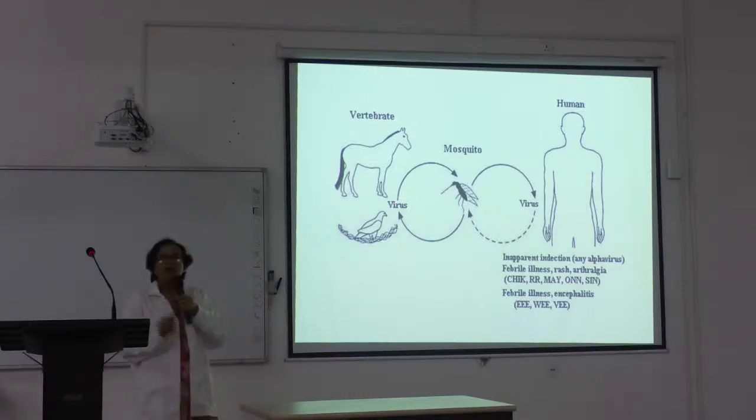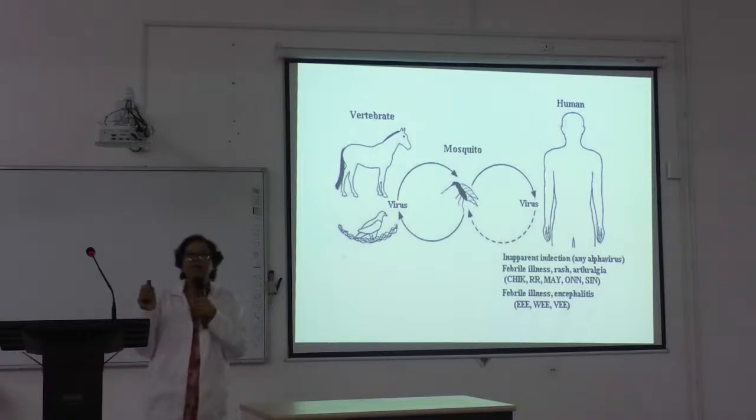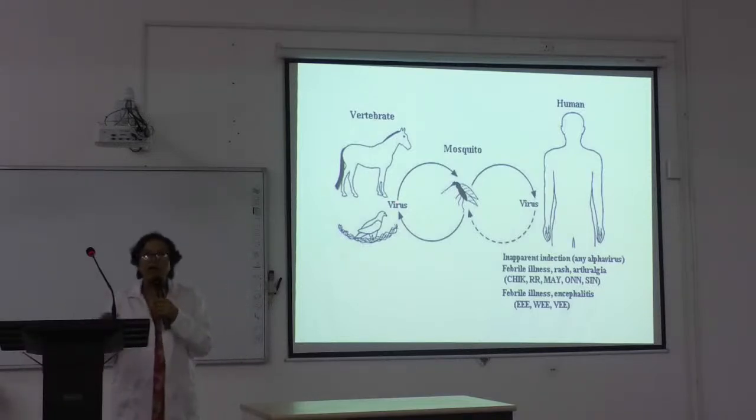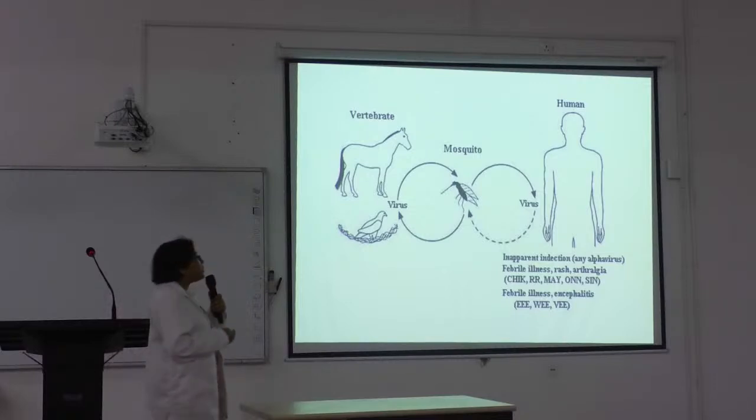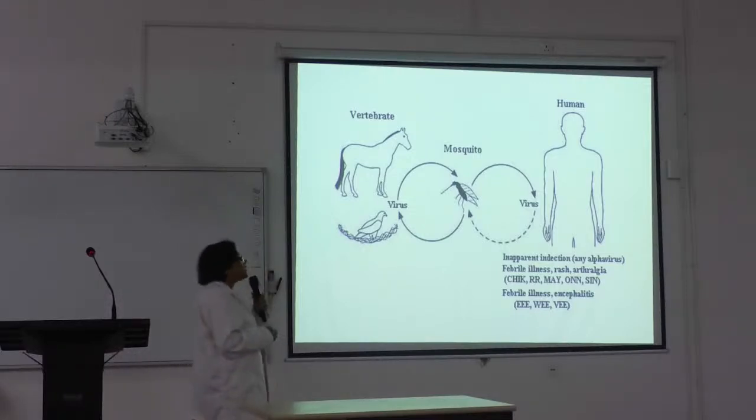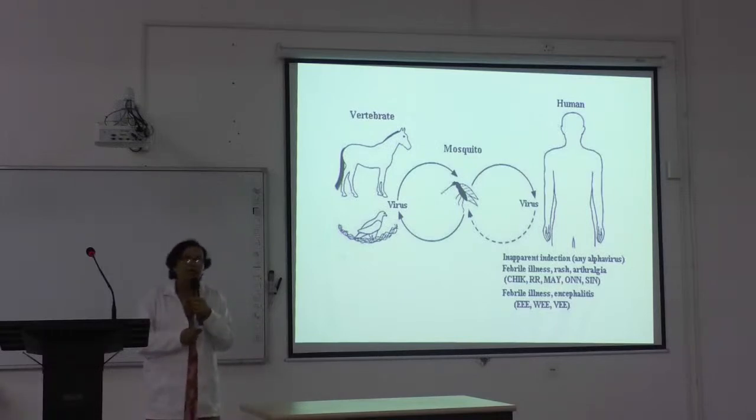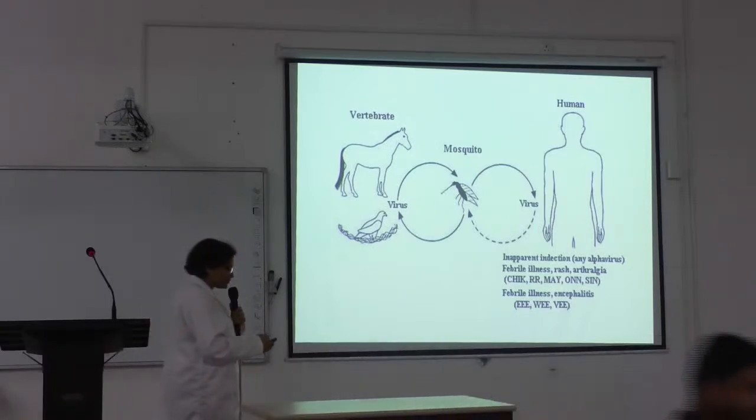Actually these go on in the jungle cycle or sylvatic cycle, not in the urban area, but a human being is incidentally or accidentally attacked by a mosquito or fly or arthropod and becomes a sufferer.